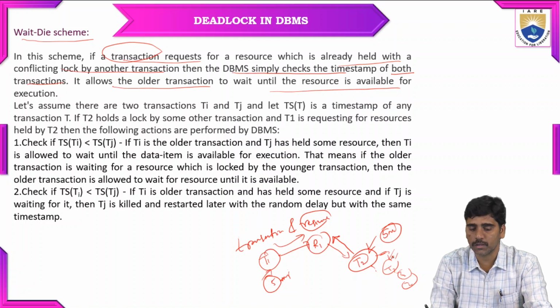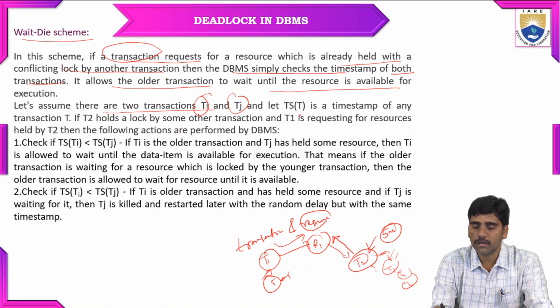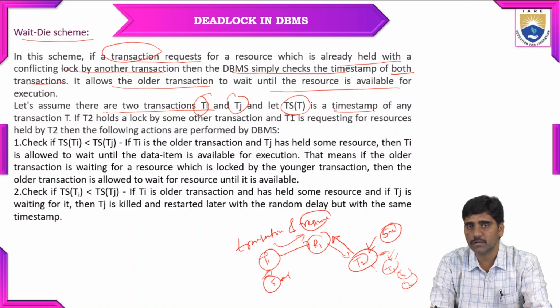Let us assume there are two transactions, Ti and Tj, and let TS(T) be the timestamp of any transaction T. That means we are allocating some time, 5 minutes or 10 minutes or 4 minutes, for the particular transaction to complete the task. After completing the task, the transaction has to release the resources.